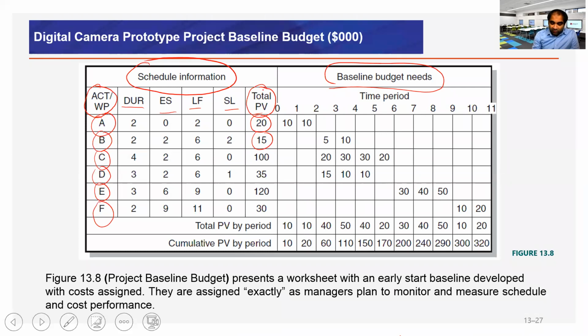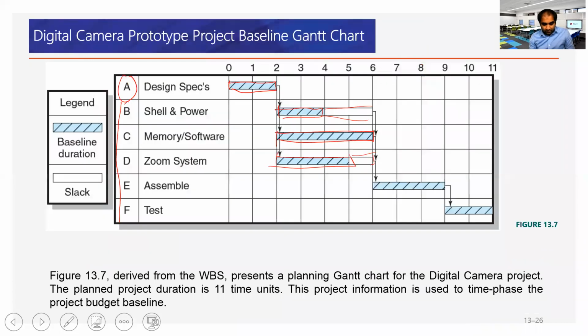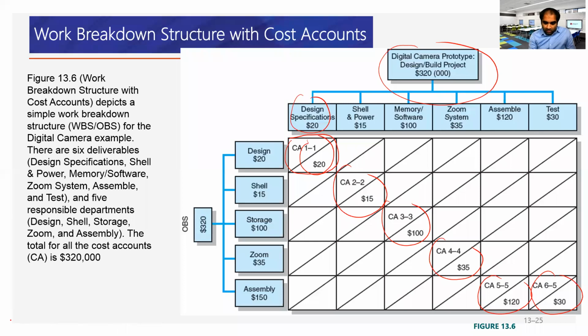We have a budget of 320K. That budget is now subdivided into 6 deliverables: design, shell, power and shell, memory software, zoom system, and assemble and testing. How will this be allocated? In total, that should add up to 320K.